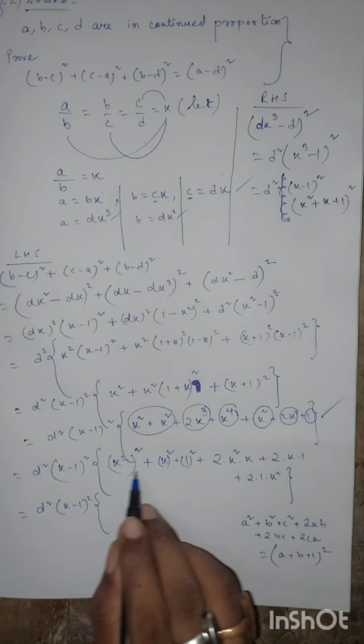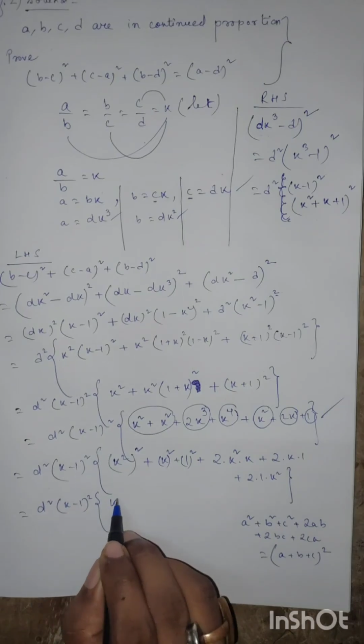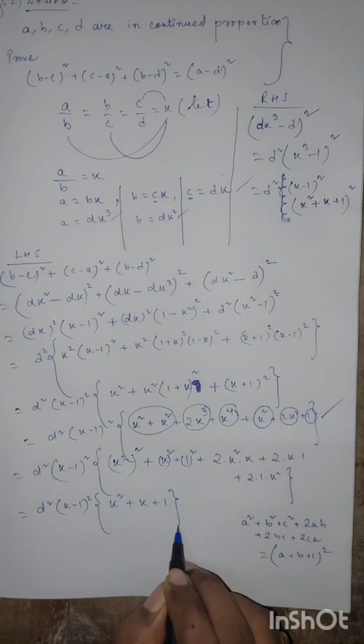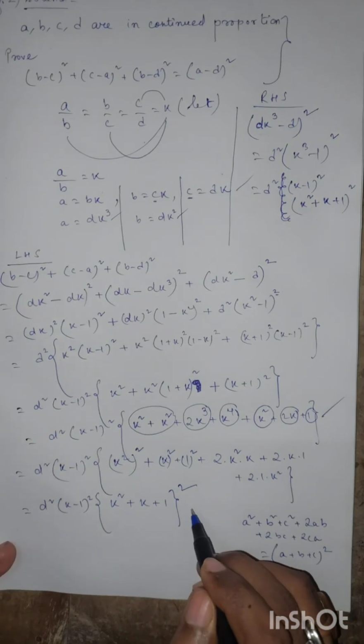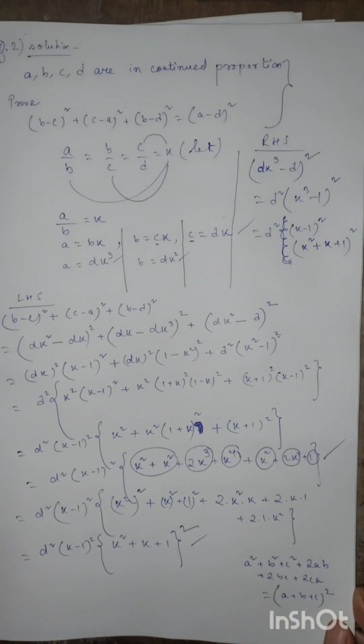So this thing can be written as k square plus k plus 1 whole square, a plus b plus c whole square. So this is what we are getting from the LHS.